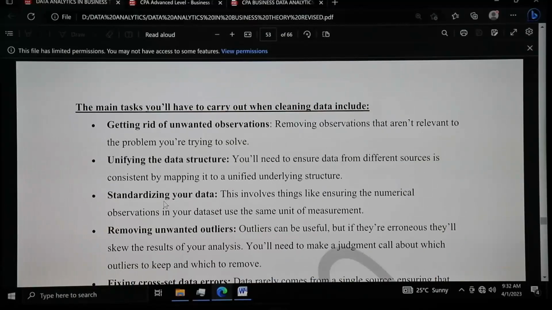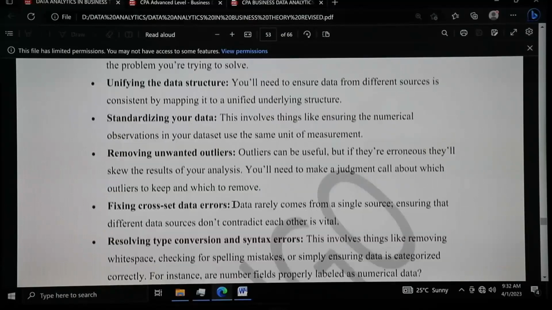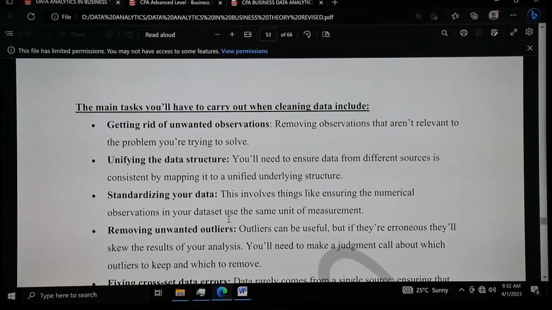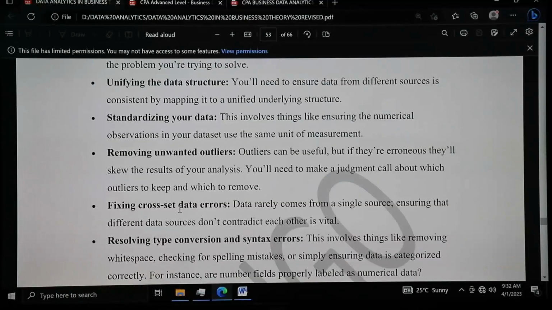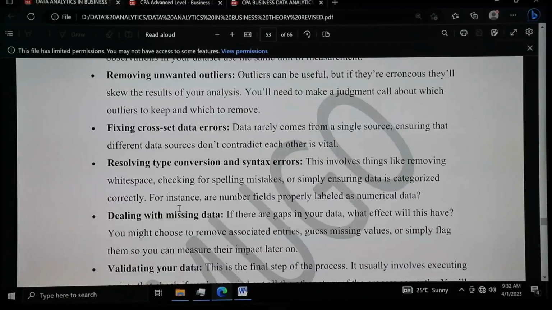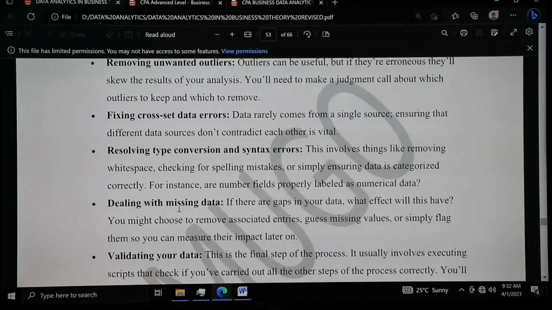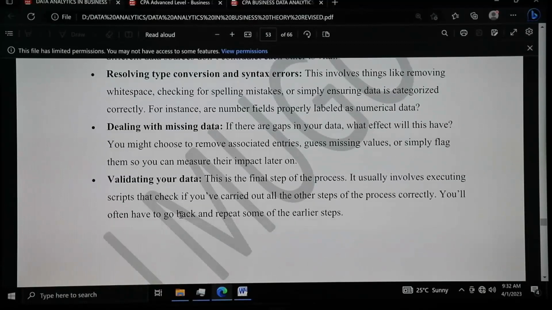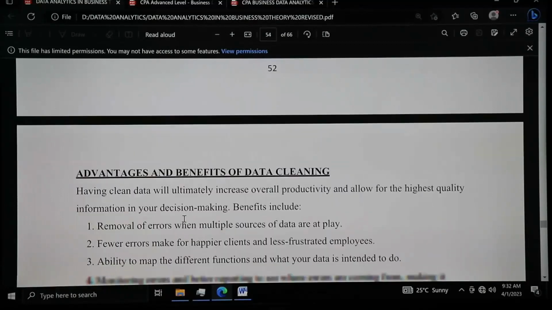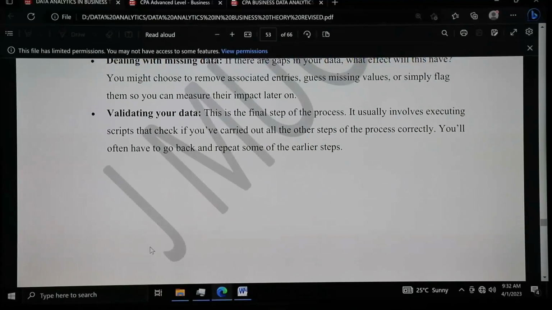So it involves the activities we have seen: getting rid of unwanted data, verifying and unifying data structures, standardizing your data, removing unwanted outliers, fixing cross-set data, type conversion, dealing with missing data, and validating the data. All these are activities involved in data cleaning.